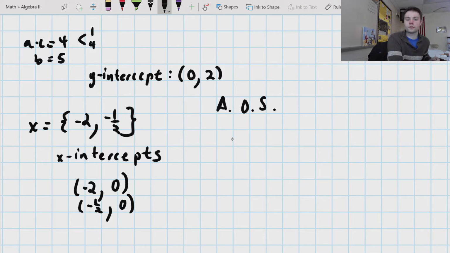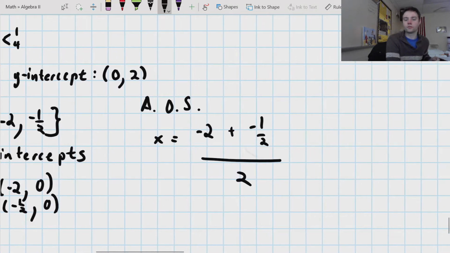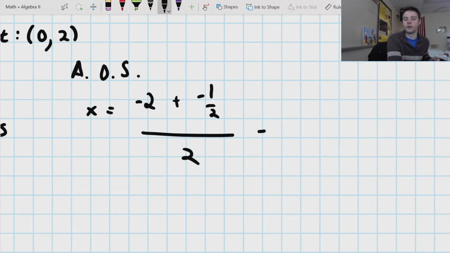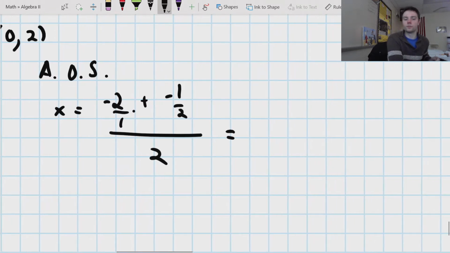So AOS, start with x, and you're going to take your two zeros and add them together. So negative 2 plus negative 1/2, all over 2. So you add your two x values of your zeros, and then divide by 2. So here, I need a common denominator. So I've got negative 2 over 1 plus negative 1 over 2. The denominator over here is 2, so I need this denominator to be 2. So I'm going to multiply this numerator and denominator by 2.